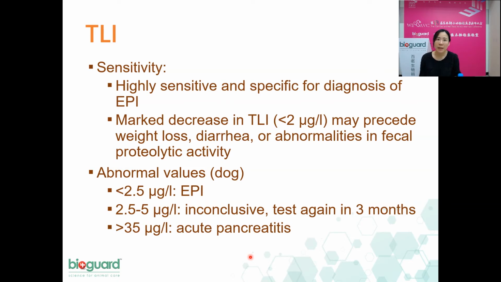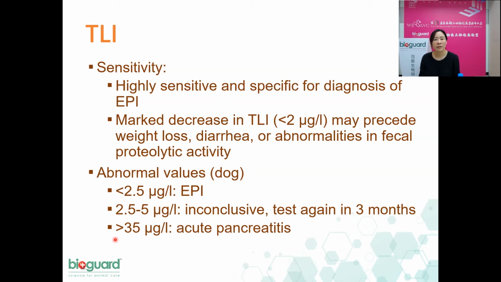So this TLI is a very sensitive assay for us to diagnose EPI, more so than to diagnose pancreatitis. If we have a value below 2.5 micrograms per liter, it will strongly support that this case is highly possibly EPI.